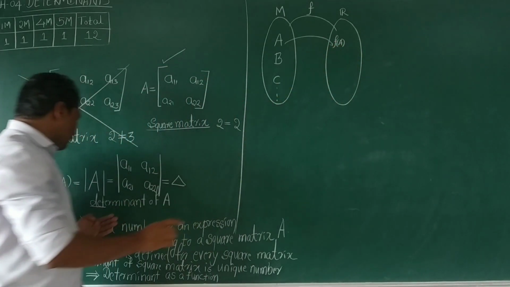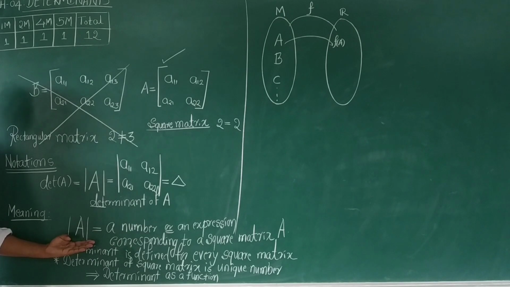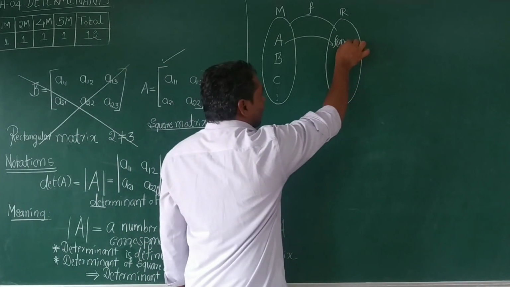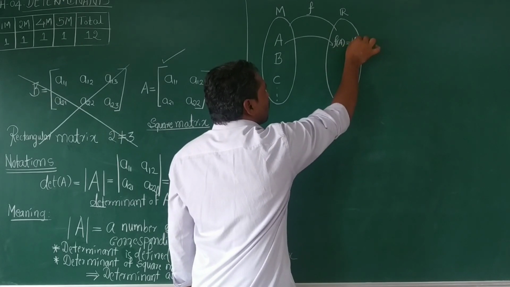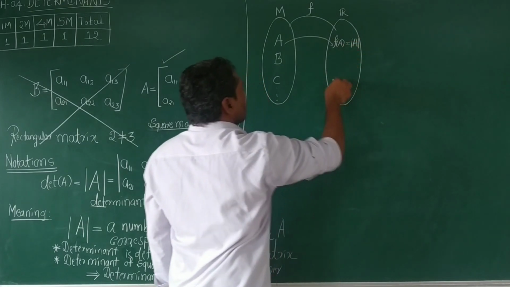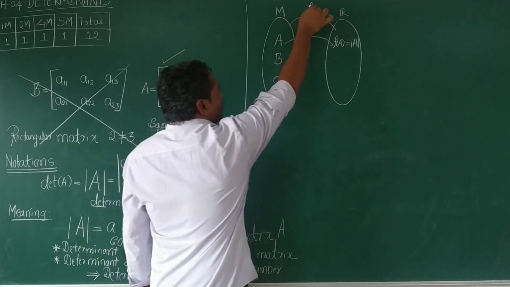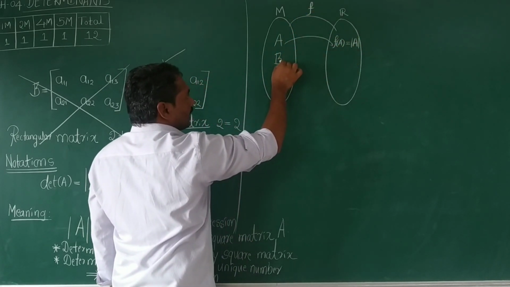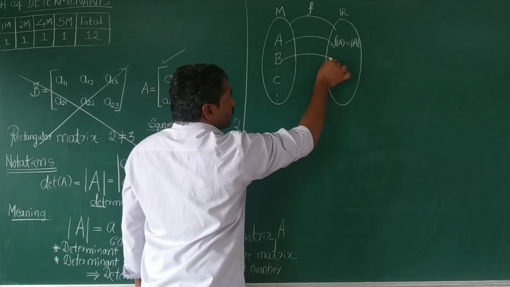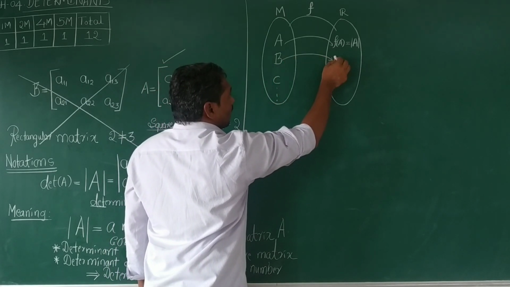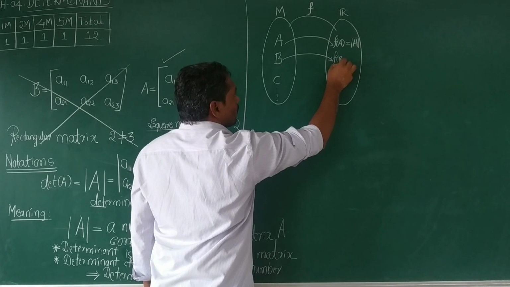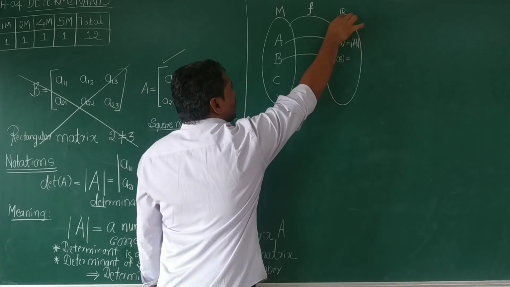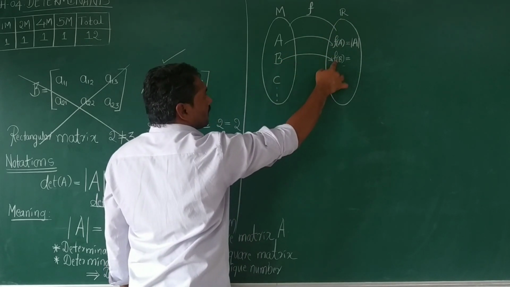By the meaning of the notation determinant of the square matrix A, we can treat this f of A as determinant of A. So therefore this function acts like a determinant. Similarly, B is related to the image f of B. So that is a real number corresponding to this square matrix.